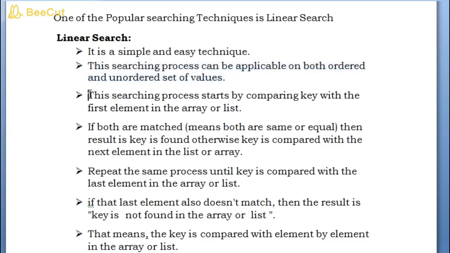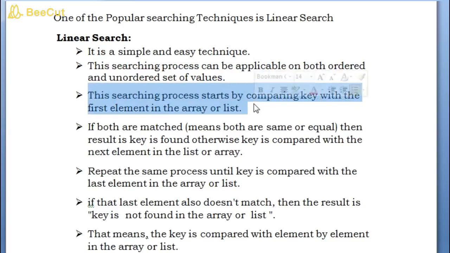Now look at the third point about linear search. This searching process starts by comparing key with the first element in the array or list. As we know, key is nothing but the value to be searched. That key is compared with the first element of the array.